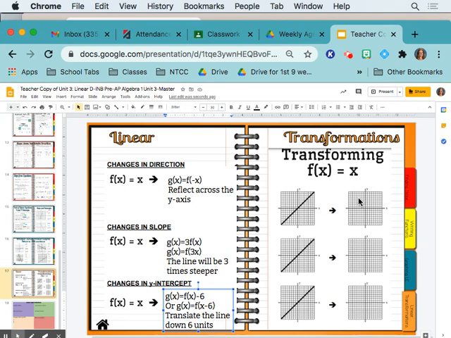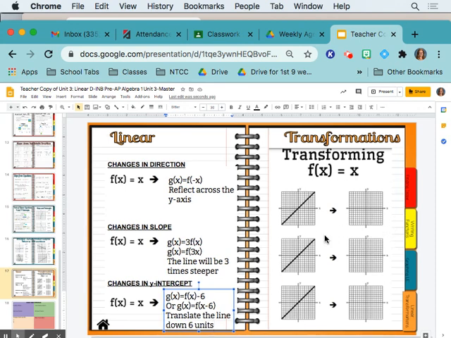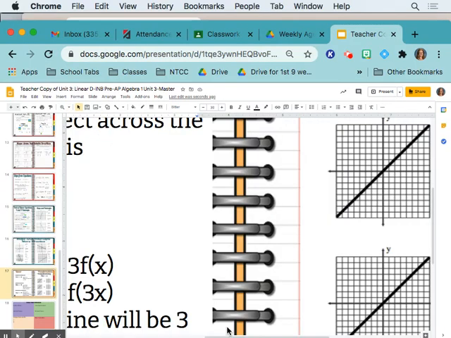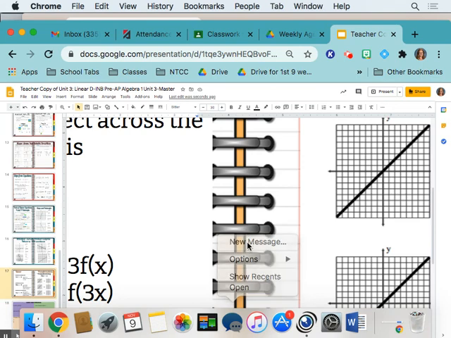So now we just need to draw this. Draw some lines on here that show a reflection, that show a change in slope, and show a change in the y-intercept. I'm going to zoom in on that other page.